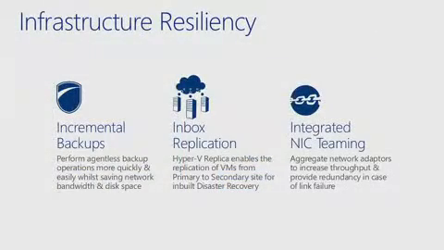So the final area I want to quickly talk about and demonstrate was an area that I think probably caused quite a significant amount of feedback based on the previous wave of Windows Server and Hyper-V technology. And that was around NIC teaming.